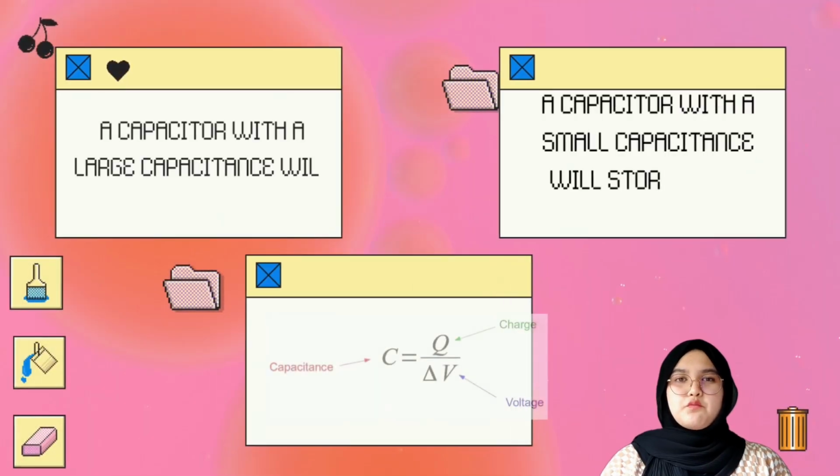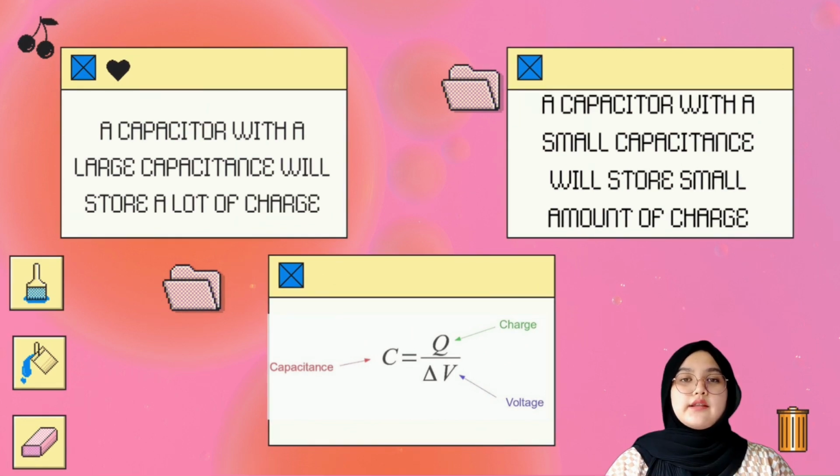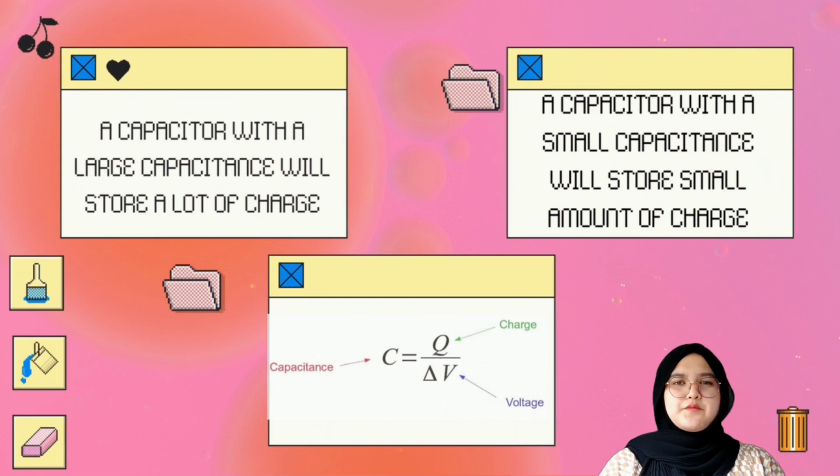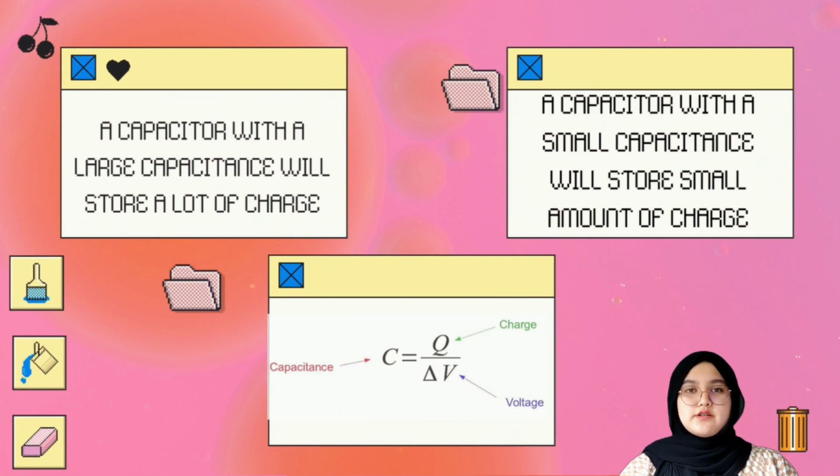A capacitor with a large capacitance can store a lot of charge, while a capacitor with a small capacitance will only store a small amount of charge. This is the formula for capacitance: capacitance equals charge stored divided by the voltage or potential difference across the capacitor.